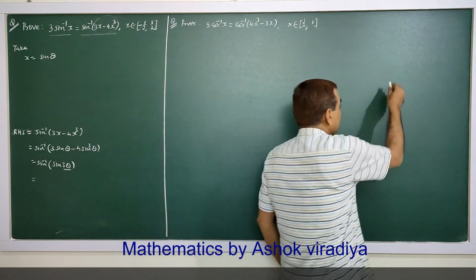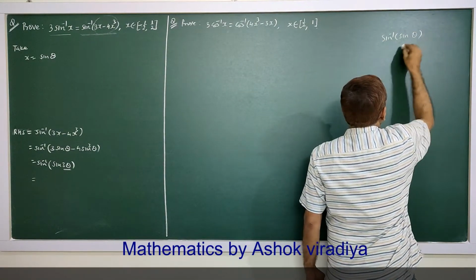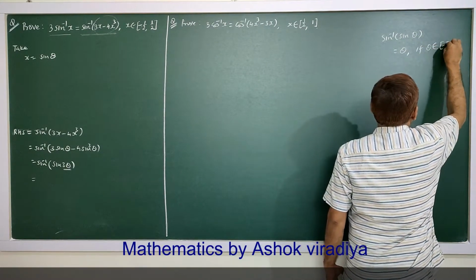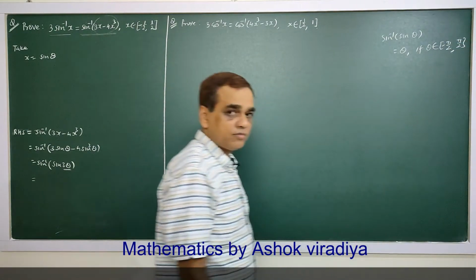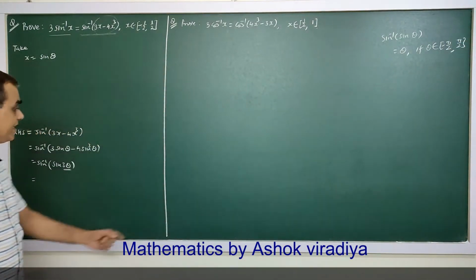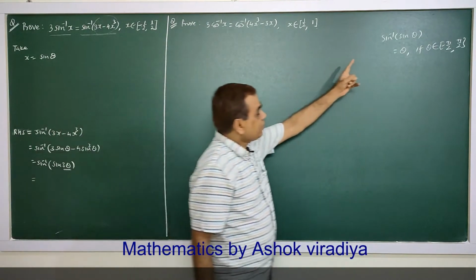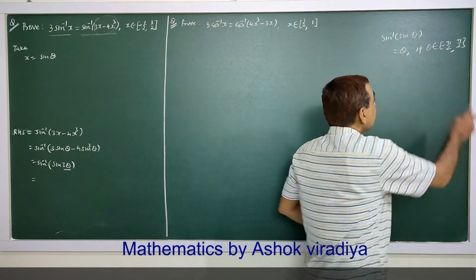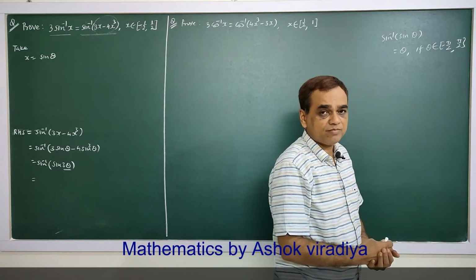We know the result that sine inverse sine theta is theta if theta belongs to minus pi by 2 to pi by 2. So in place of theta, here it is 3 theta. So sine inverse sine 3 theta equals 3 theta if 3 theta belongs to minus pi by 2 to pi by 2.